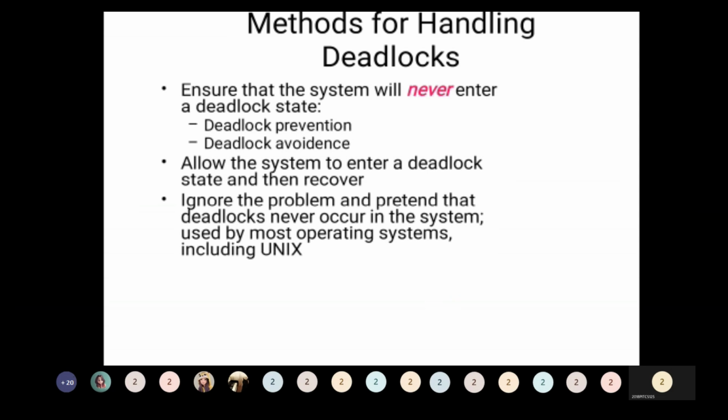Now the second scenario: we allow the system to enter a deadlock state and then recover from it. Third, ignore the problem and pretend that deadlock never occurs in the system. We simply ignore deadlocks and act as if there is no occurrence of deadlock.